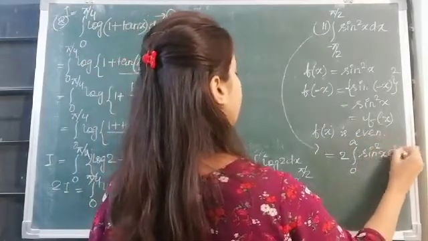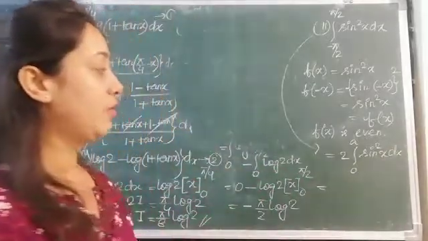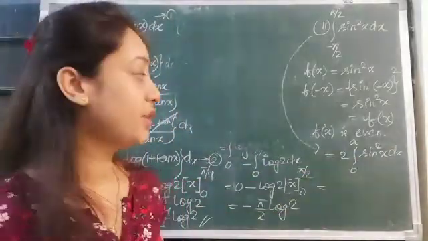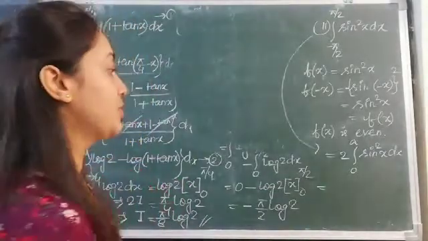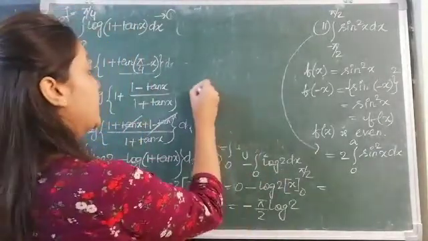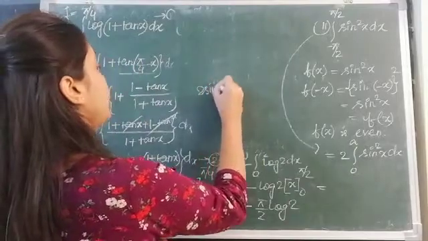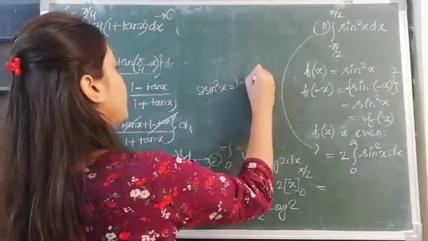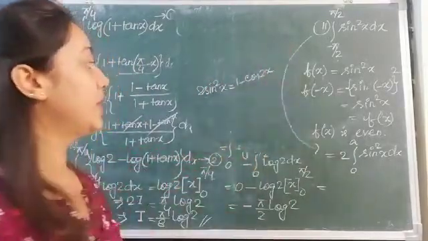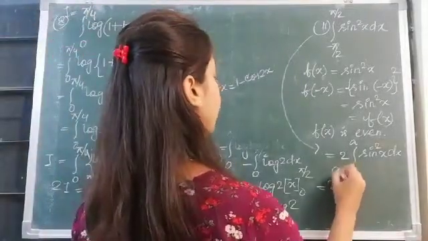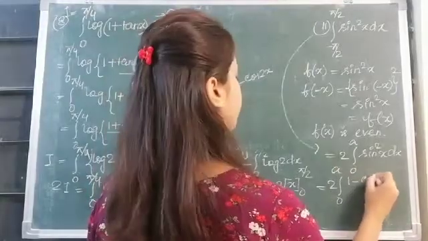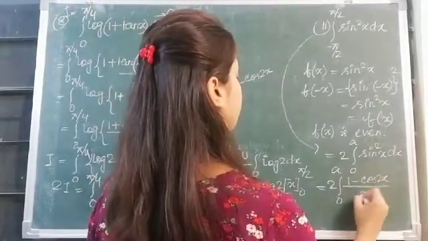So you integrate this, you'll get the answer. Okay. Now how will you integrate sine square x? We have done it in the indefinite part, right? So sine square x, we know 2 sine square x is equal to 1 minus cos twice x. So sine square x will be equal to 1 minus cos twice x by 2. So 2, integral from 0 to a, of 1 minus cos twice x by 2.